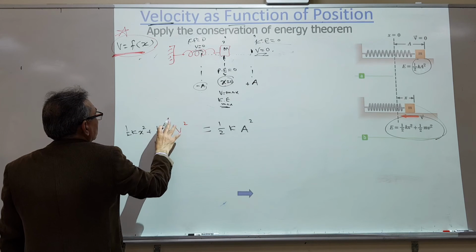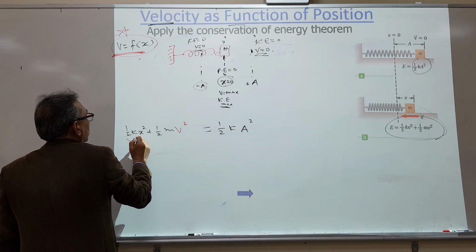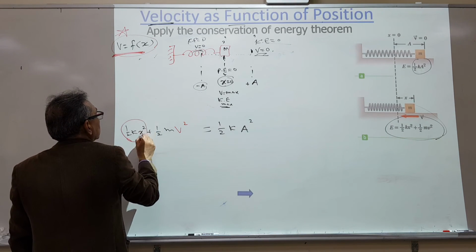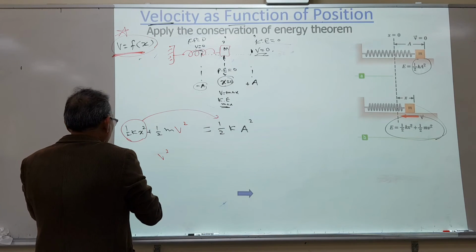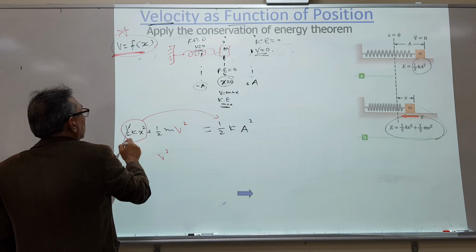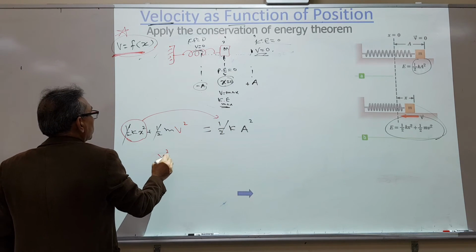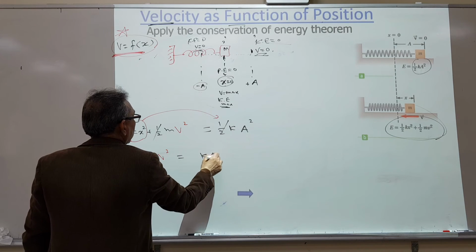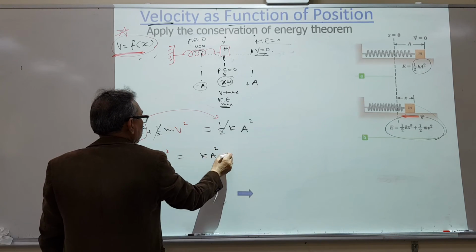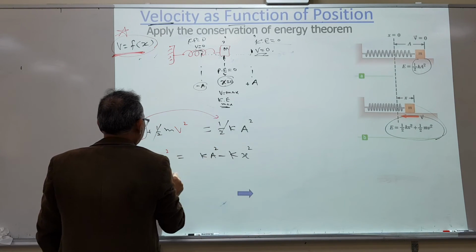So I take this on the left side and this one I will move to the other side. Half goes with all, so half mv square is equal to half KA square minus half Kx square.